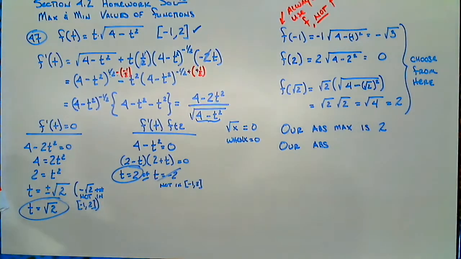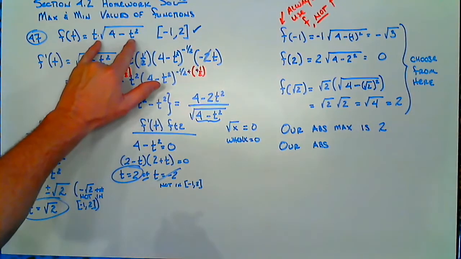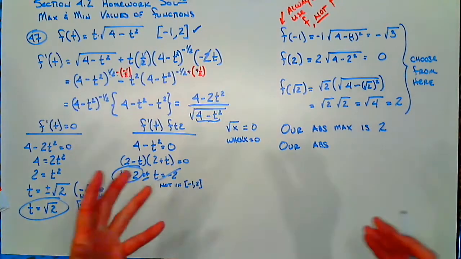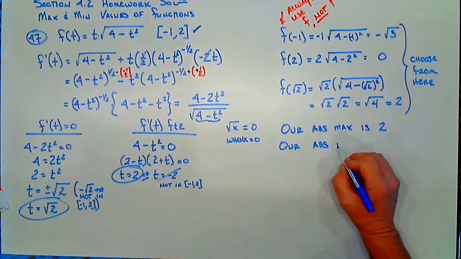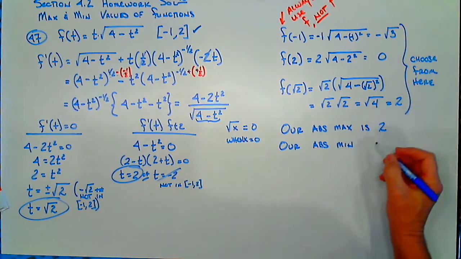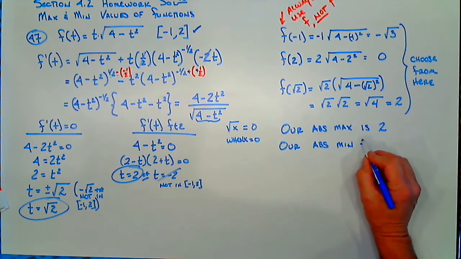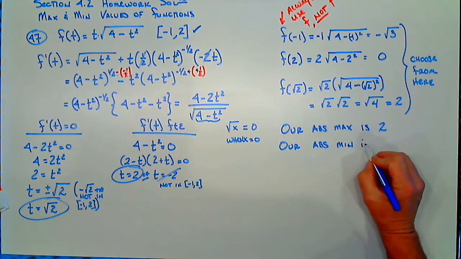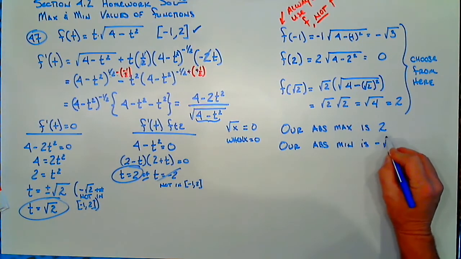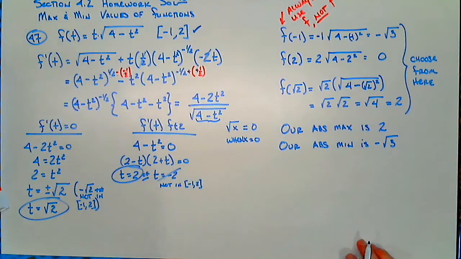Remember, we know by the closed interval method that if we have a continuous function on a closed interval, it guarantees we're going to find an absolute min and an absolute max. So our absolute minimum here is minus the square root of 3.